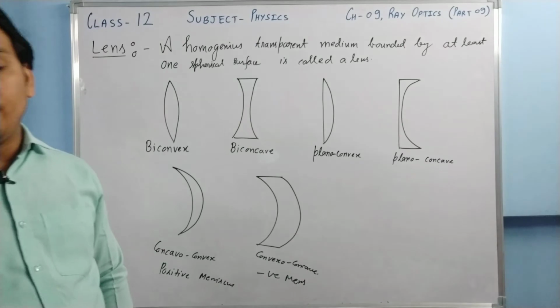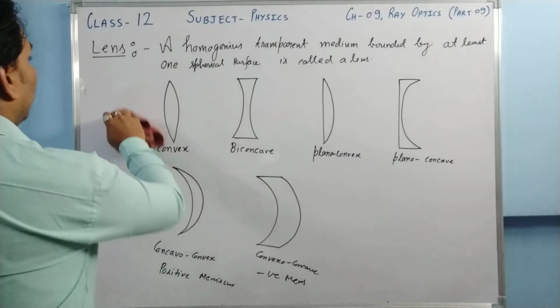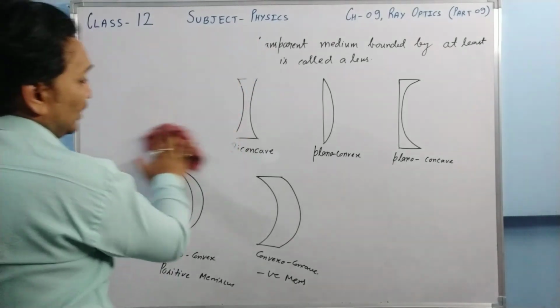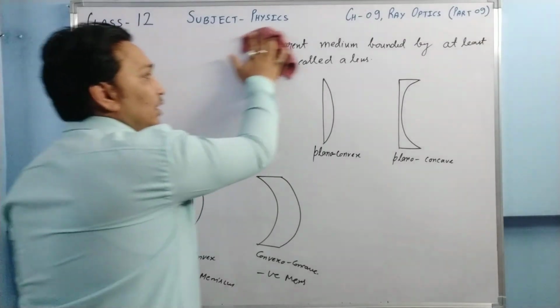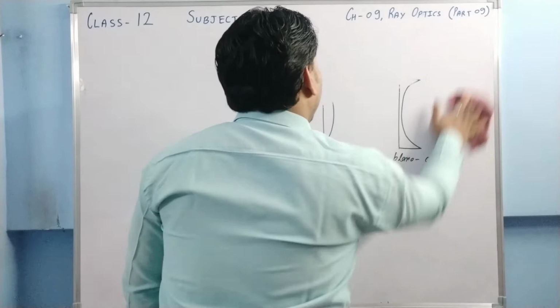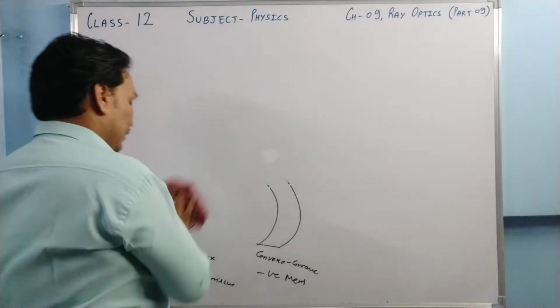Now we are going to study lens maker's formula. Why is the lens maker's formula called so? Because the lens manufacturers use this formula to know the required radius of curvature to make a lens of desired focal length.